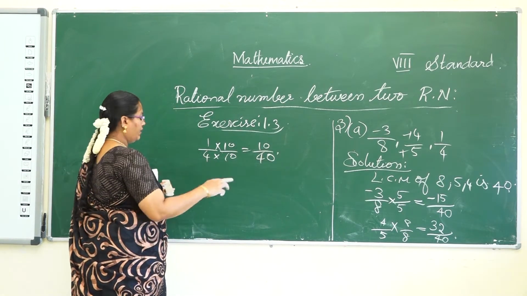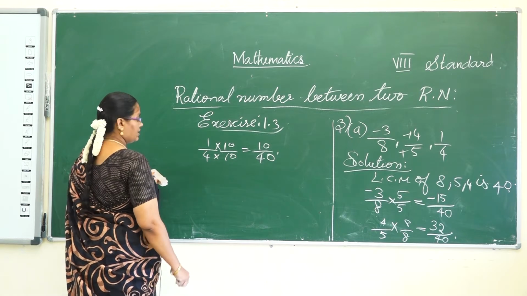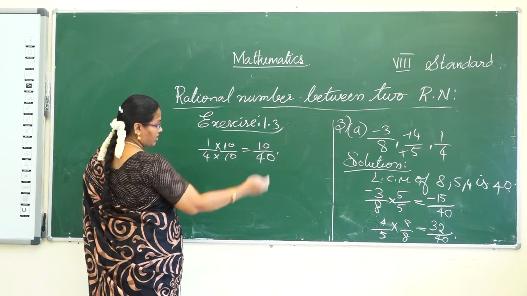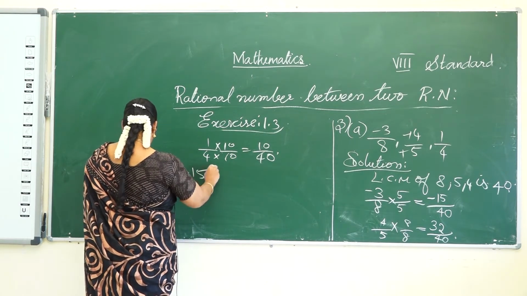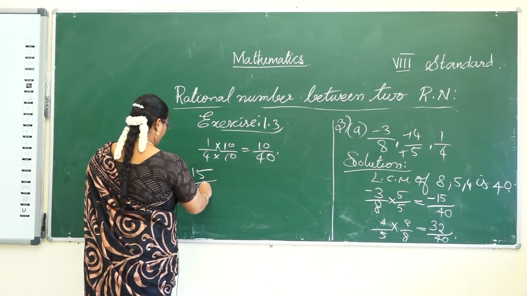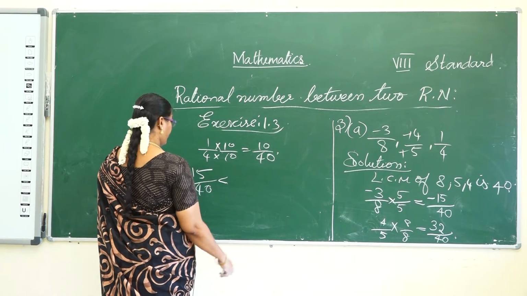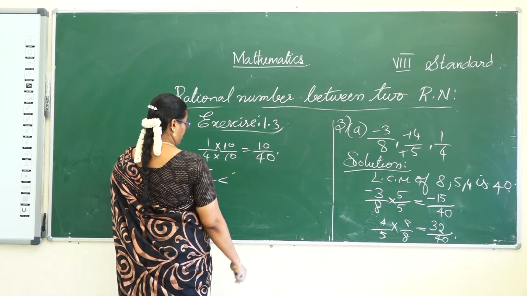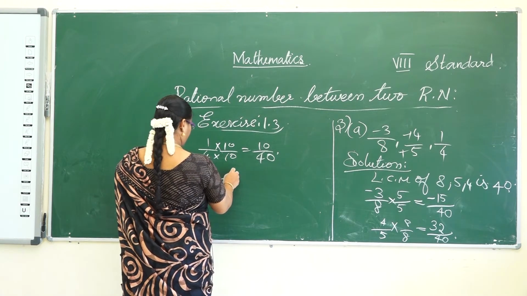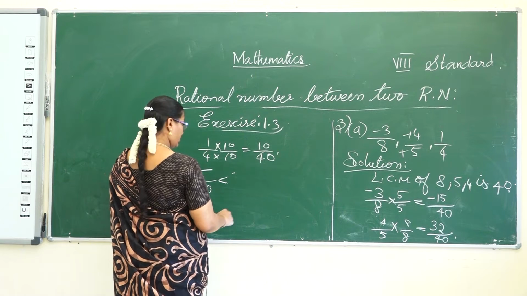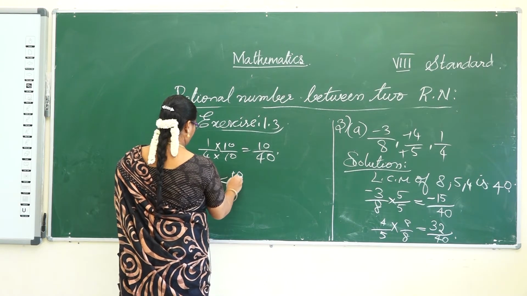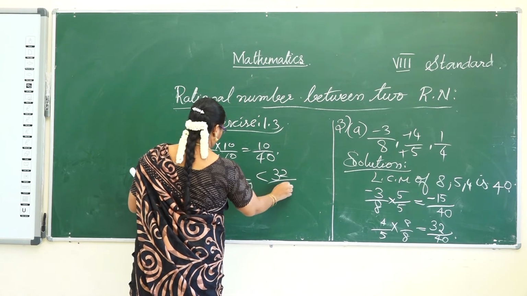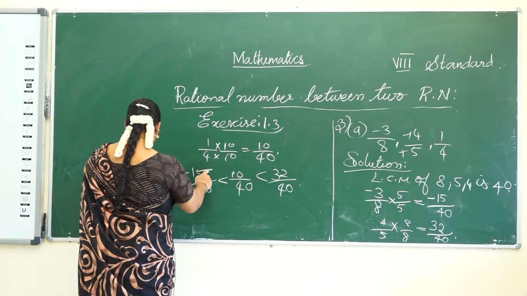Now write in ascending order. Arranging in ascending order means writing from the smallest number to the largest number. Which is the smallest number? The negative value, minus 32 by 40. Next one, 10 by 40, and the greatest value is minus 15 by 40. So in the form of which one?